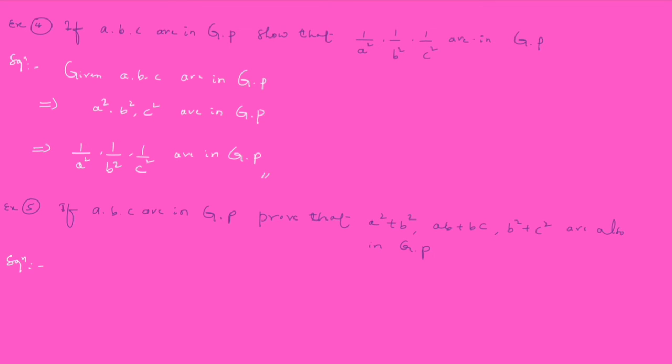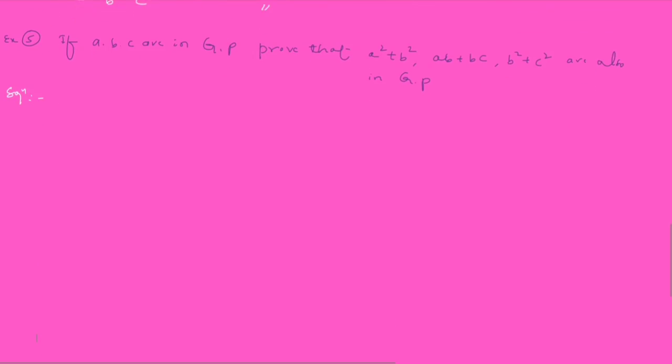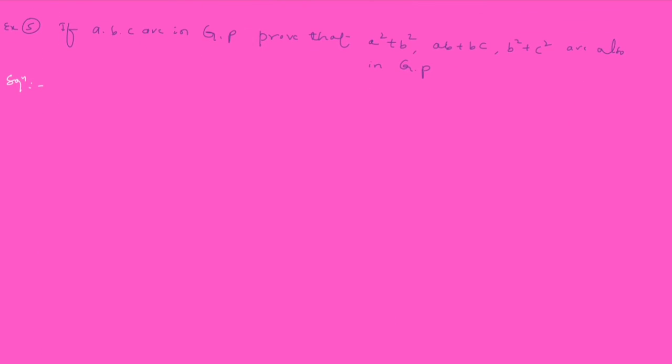Write down the given: a, b, c are in GP, which implies a square, b square, c square are also in GP, right?